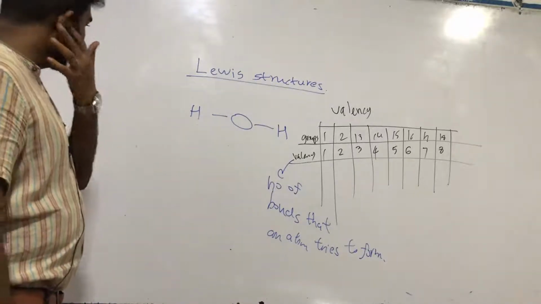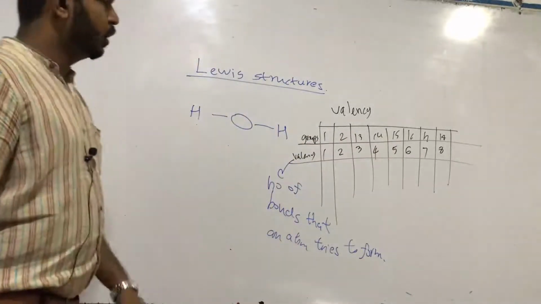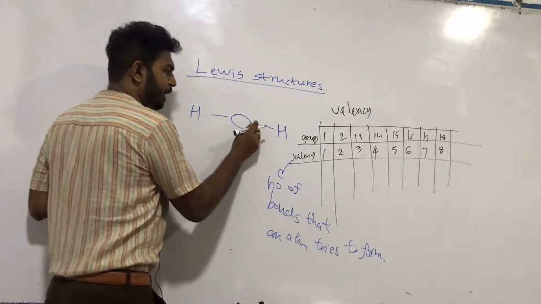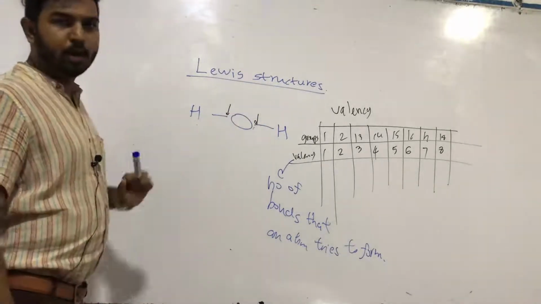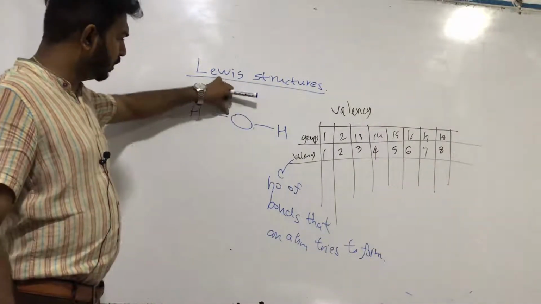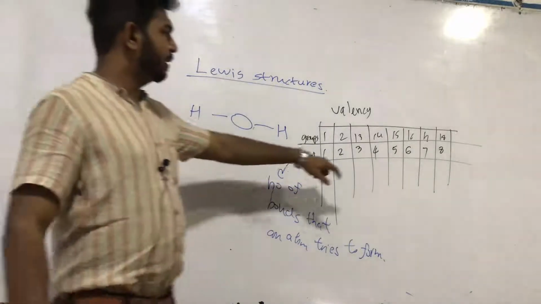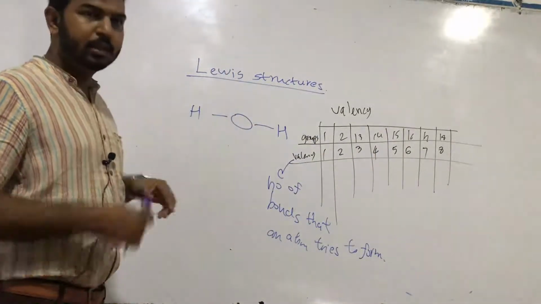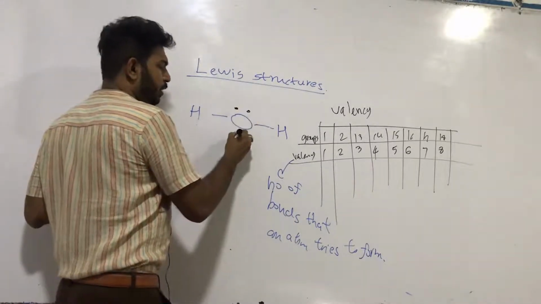When we try to find the valency of oxygen, it's in the 16th group, which means it has 6 electrons. This oxygen shares 2 electrons here and here to form these covalent bonds. Since it shares 2 electrons for these bonds, it has 6 minus 2, so 4 electrons left. We denote electrons using dots.